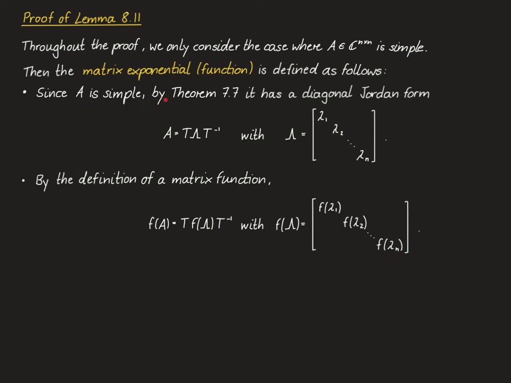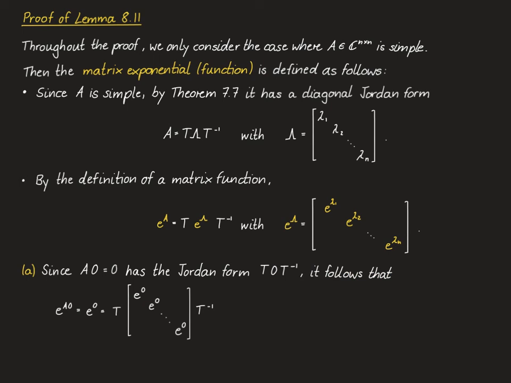Since A is simple, by theorem 7.7 it has a diagonal Jordan form, which looks like this, and by the definition of a matrix function, namely f of A is defined as T times f of Lambda times T inverse, where f of Lambda is just given as the scalar function of the corresponding eigenvalues of A, is now given particularly for the exponential function as e to the A, which is defined as T times e to the Lambda times T inverse, where e to the Lambda is simply the diagonal matrix that results by taking the exponential function of all of the eigenvalues lambda 1 through lambda n.